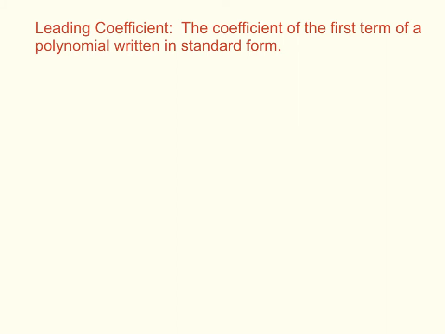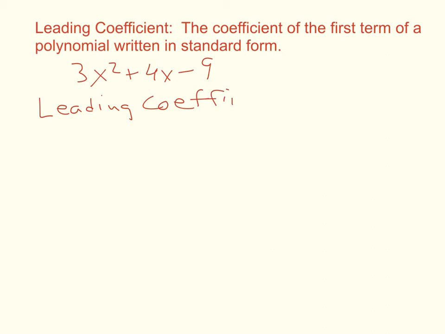Now, once we have it in standard form, we can identify the leading coefficient. So 3x squared plus 4x minus 9 is in standard form. The leading coefficient is going to be the coefficient of the first term. So it's going to be 3.